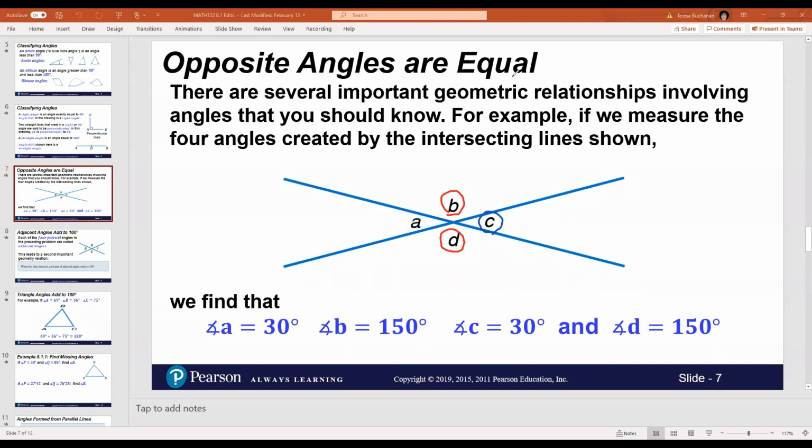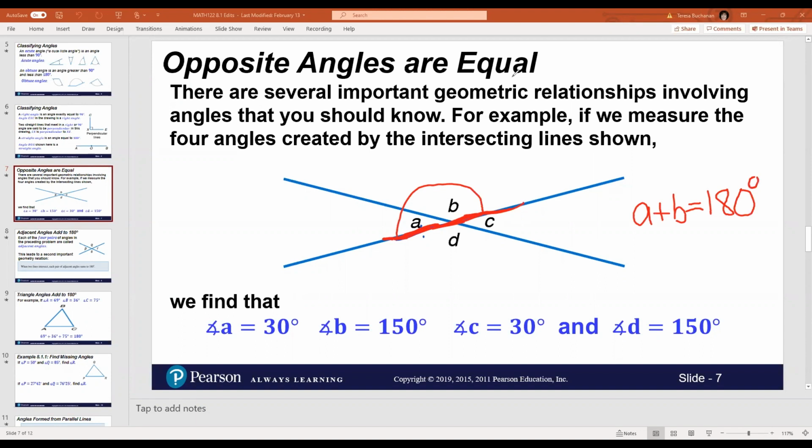And there's another idea here as well, and that is if two angles are on a straight line, for example the angles A and B, don't those two angles together have to add up to 180?